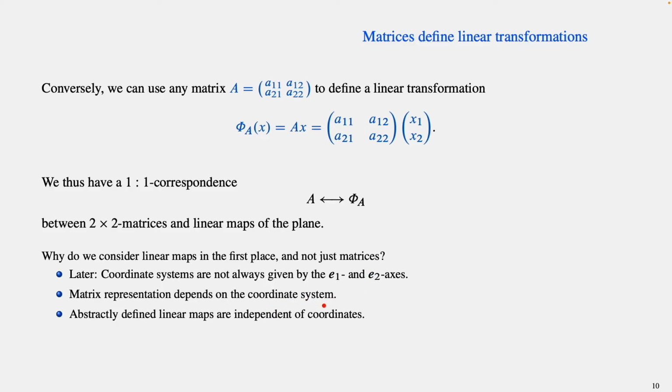So matrices are very convenient to compute stuff, but they depend on a choice of coordinate system. Whereas abstractly defined linear maps are usually independent of coordinates. So sometimes for theoretical arguments, it's easier to use linear maps, whereas if you want to do concrete computation in a coordinate system, then matrices are the method of choice.